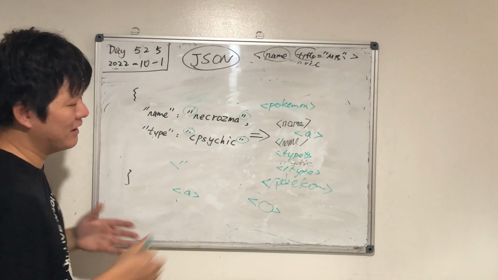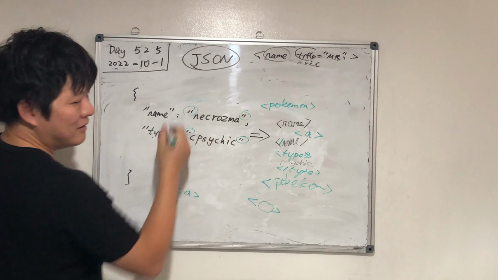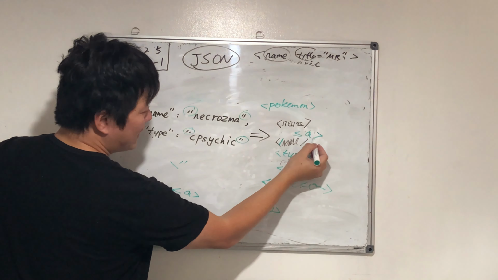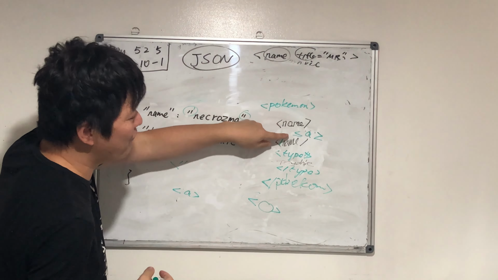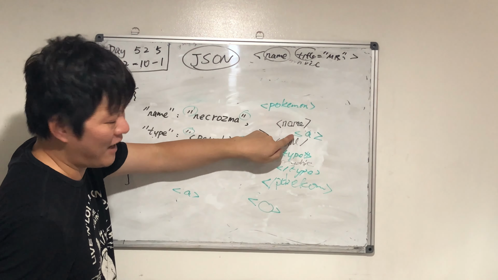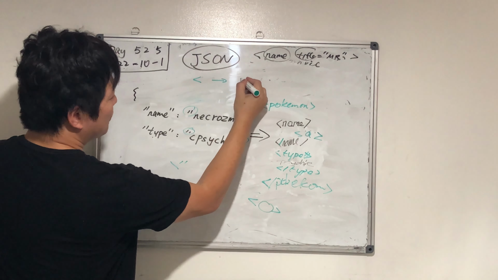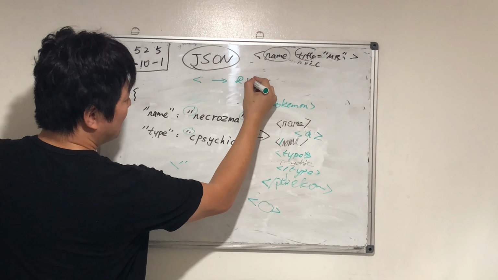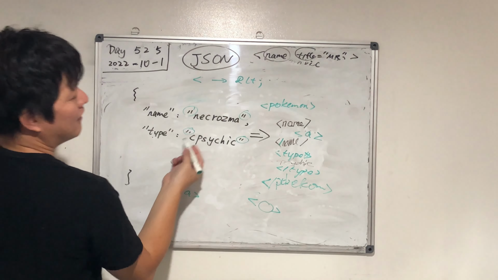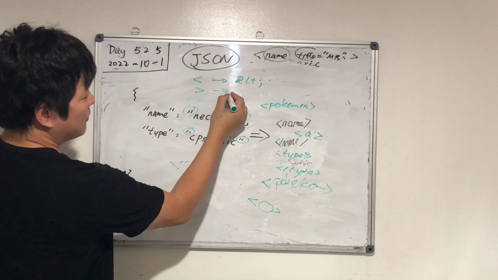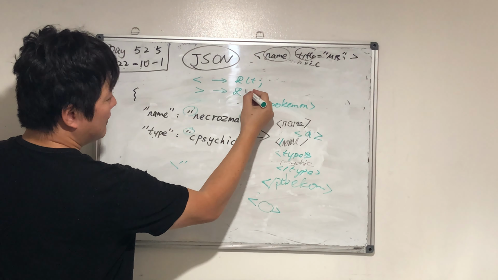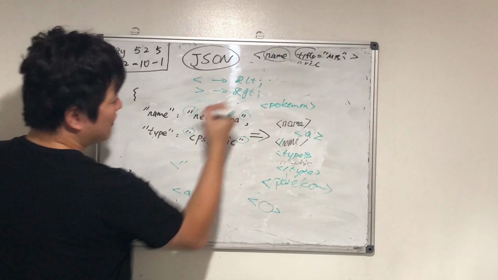So how do we fix it? So we get rid of this. Now we want to store this. How do we store it so it doesn't confuse the XML? It's a tag. It's an element. So we can use this. This we change to ampersand LT. Okay. This we change to ampersand GT. What does it mean?